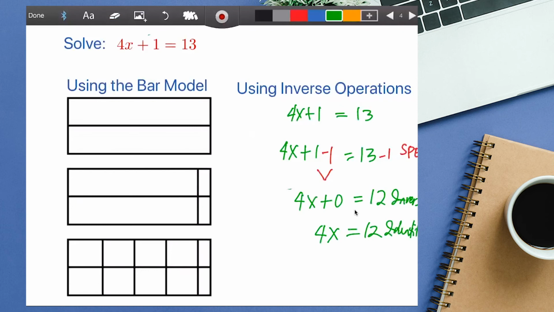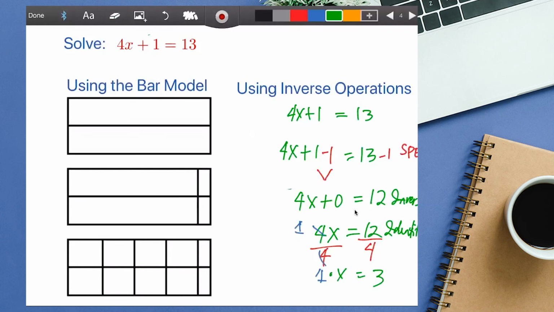Notice that the two-step equation is now reduced to a one-step equation. So we will continue using inverse operations. The inverse of multiplying by 4 is dividing by 4. And this gives us, okay, 4 divided by 4 means 4 times its multiplicative inverse, and this will give us 1. So we will now have 1 times x is equal to 3.